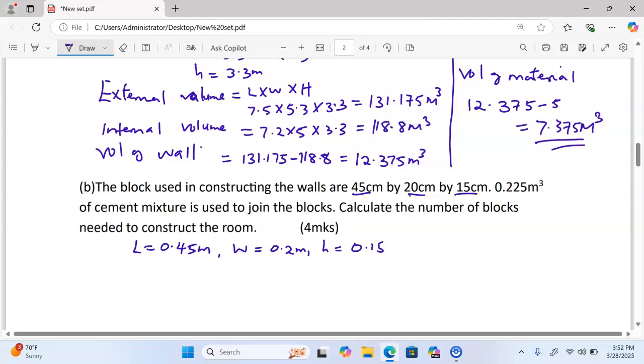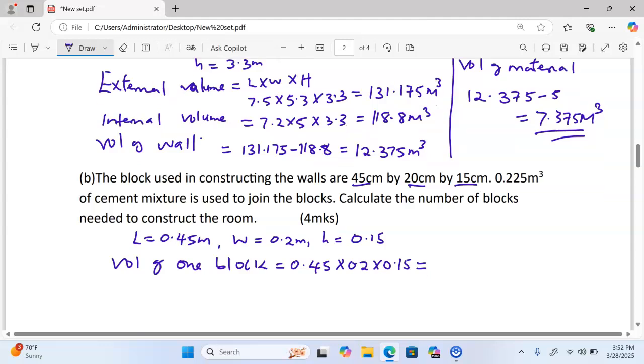Once we have our block measurements, we can now work out the volume of one block, and the volume of one block is going to be obtained by taking the length 0.45 times 0.2 times 0.15.